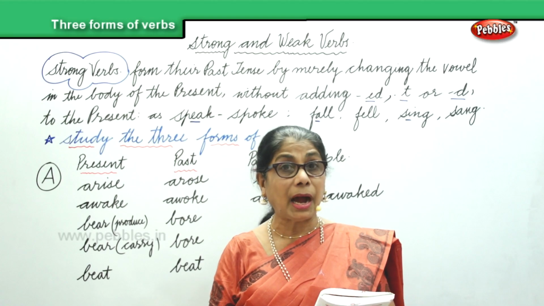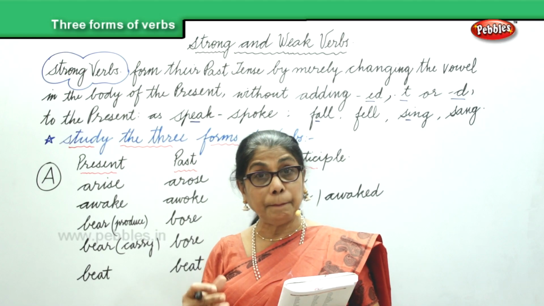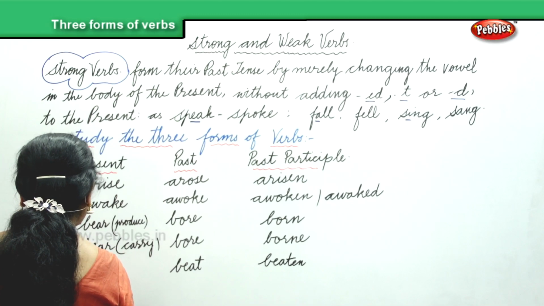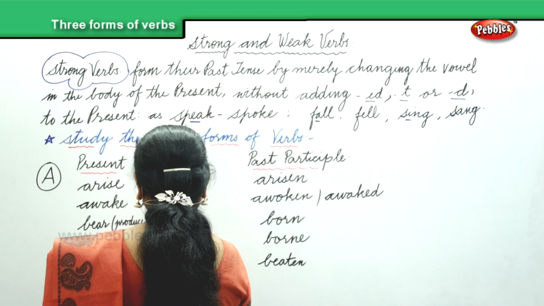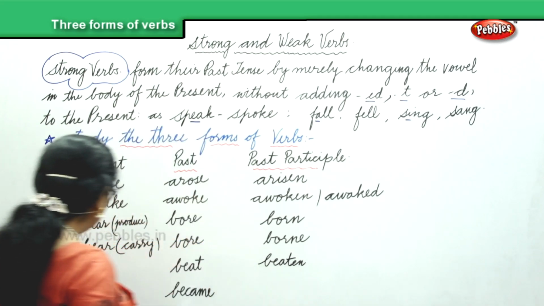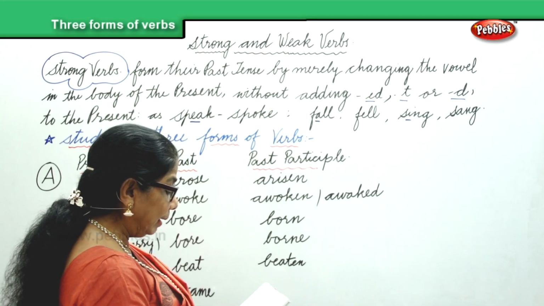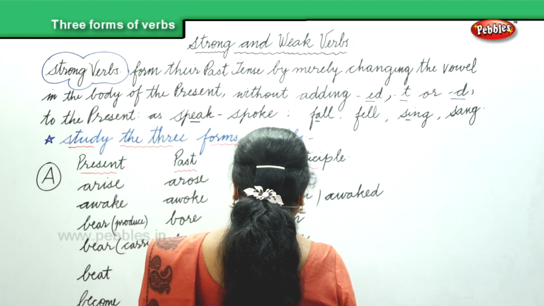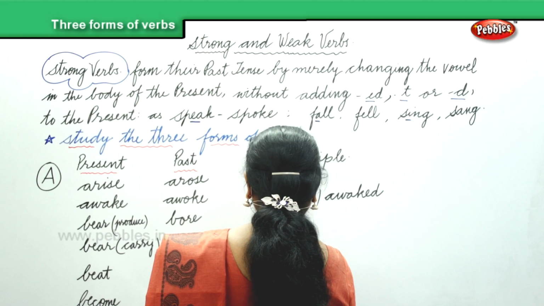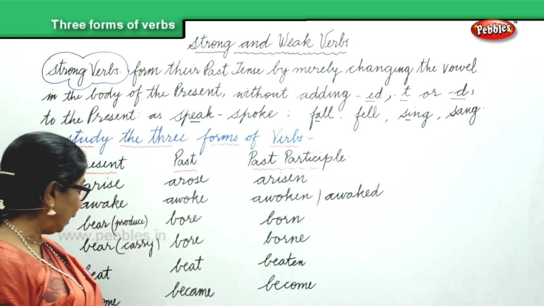So three different forms. Become: you have become, became, again become. Become, became, and then the past participle also become. You will become a great person. He became the Prime Minister.